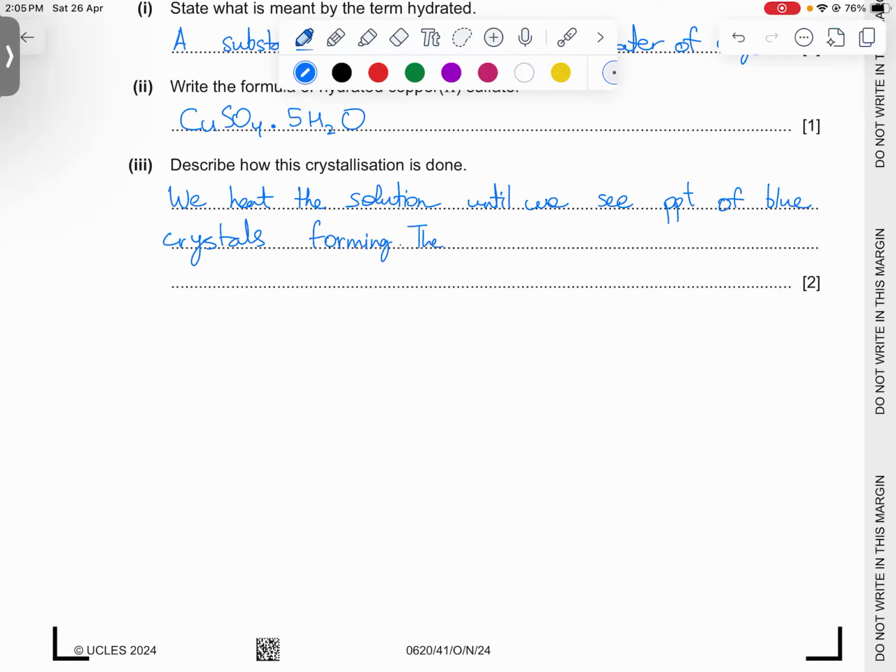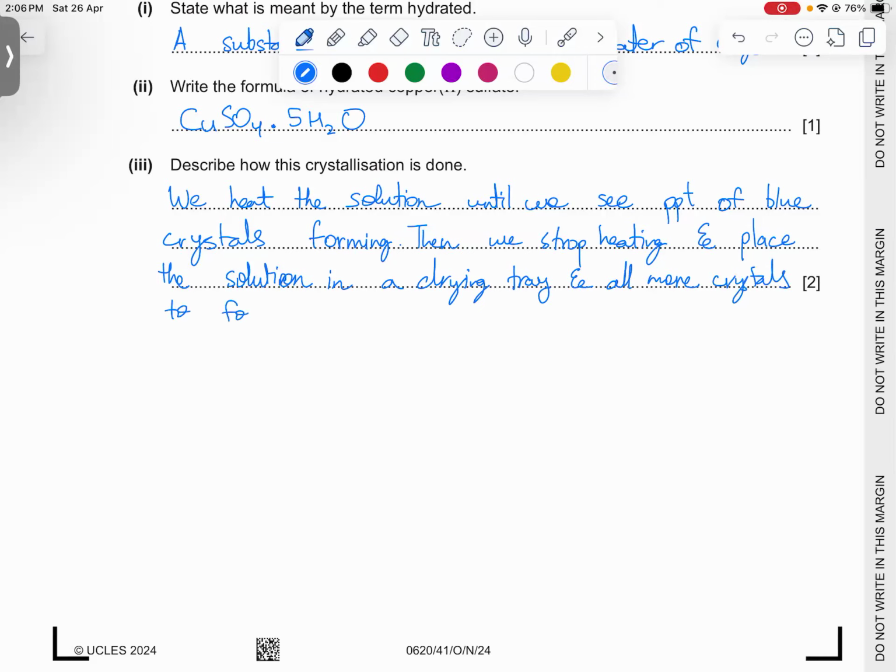Full stop. Then we stop heating and place the solution in our drying tray and allow more crystals to form. Full stop. All right.